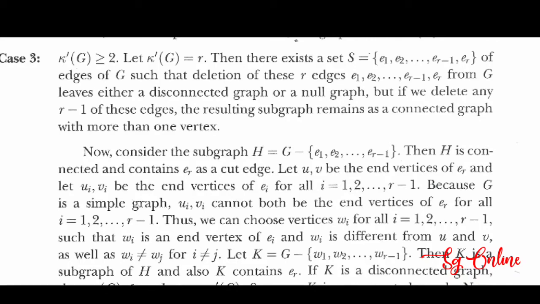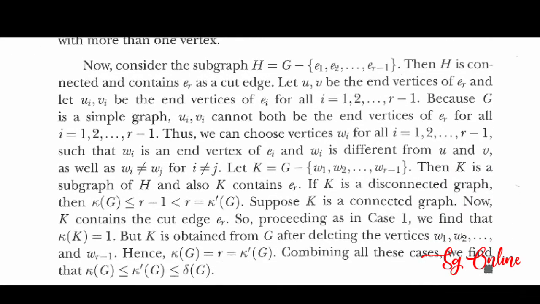Then we form a graph H by deletion of the edges E1 to ER minus 1 from the graph, and we consider that U and V are endpoints of ER. Then for each edge Ei, we choose the endpoint in such a way that it is distinct from U and V, and also they are distinct between themselves.